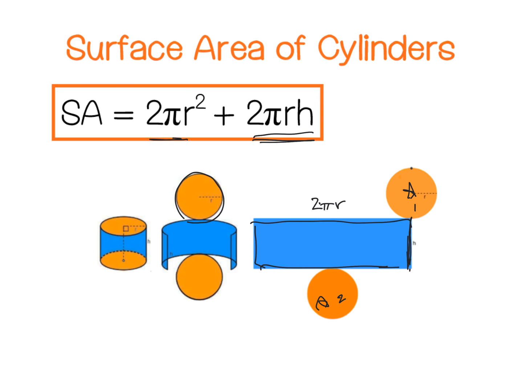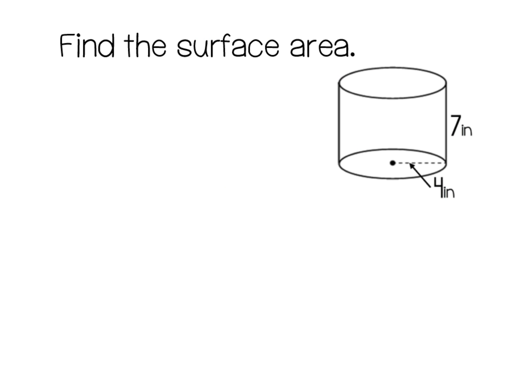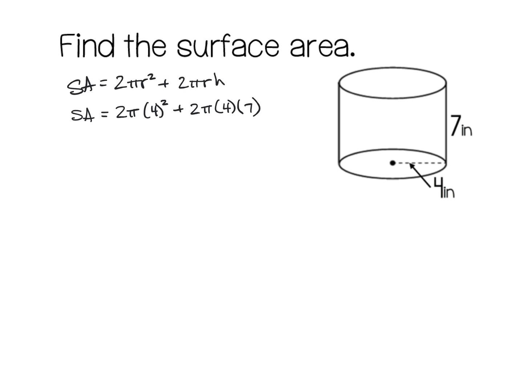All right, so let's try a couple. I'm going to write out my formula. We have 2 pi r squared, that's my 2 bases, plus 2 pi r, that's the circumference, times the height of my soup label, that big rectangle, the lateral face. So we have 2 times pi times 4 squared, since my radius in this case is 4, plus 2 times pi times my radius again, 4, times my height, which is given as 7.